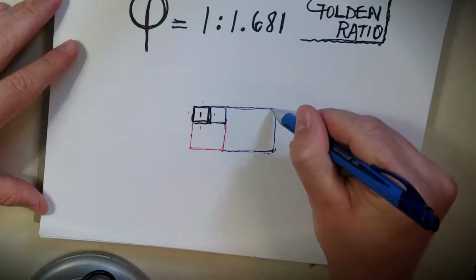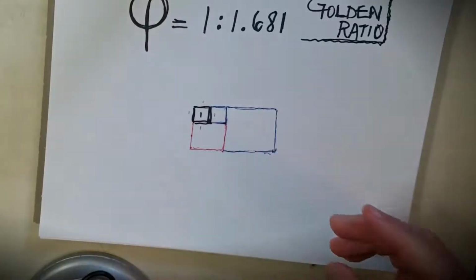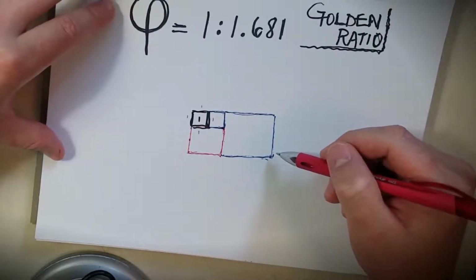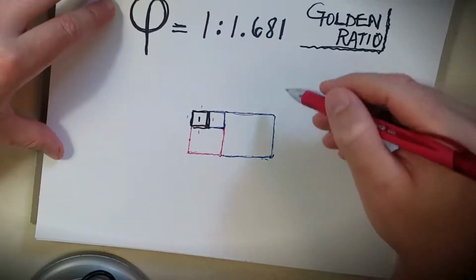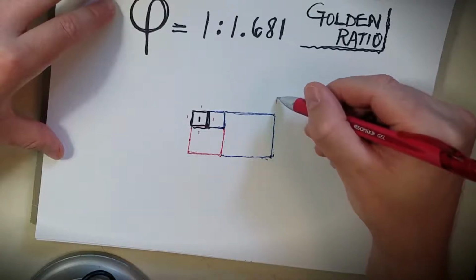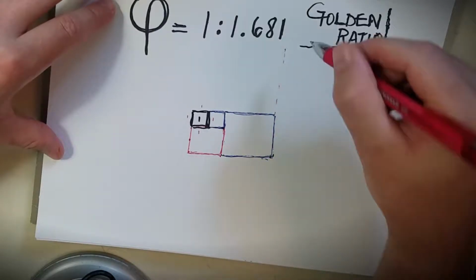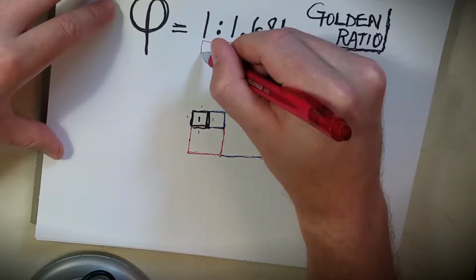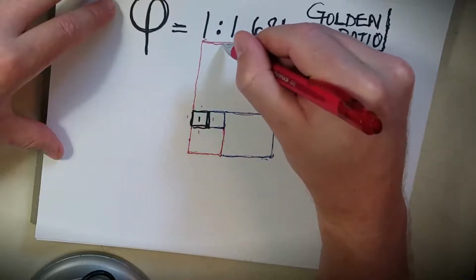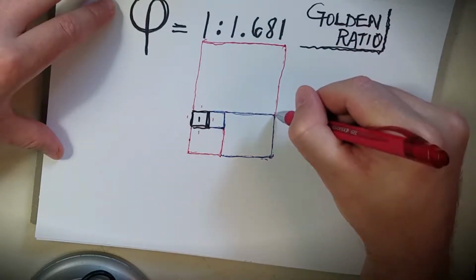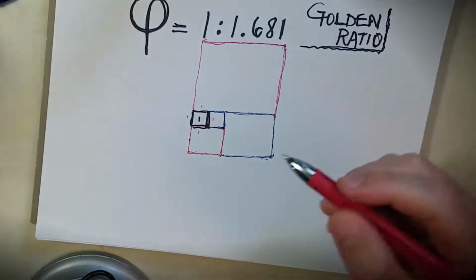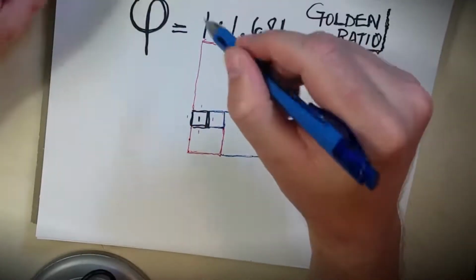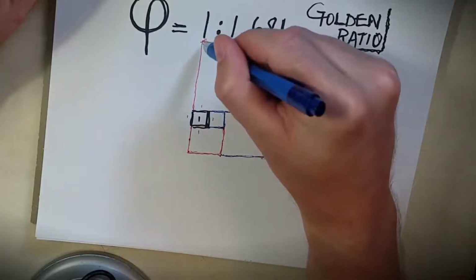And now you want to take this. Let's see, it's going to be 5. So that's 1, 2, 3, 4, 5. Okay. You'll see what I'm doing in a minute here. And then from that, lastly, we're going to draw a unit of 8.